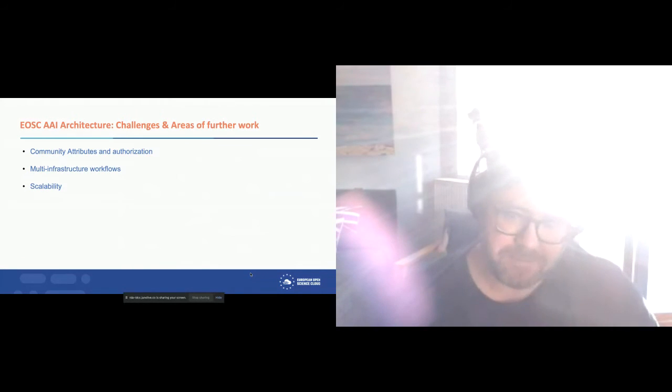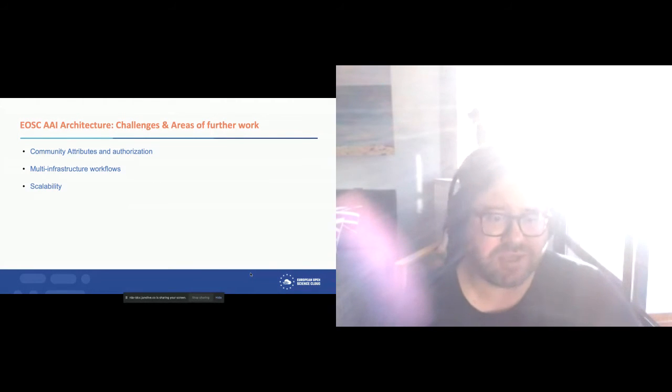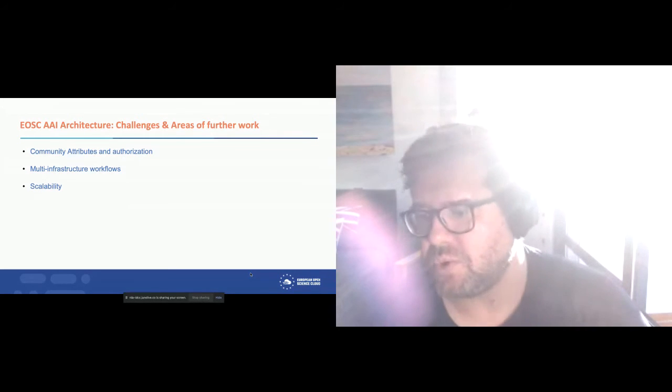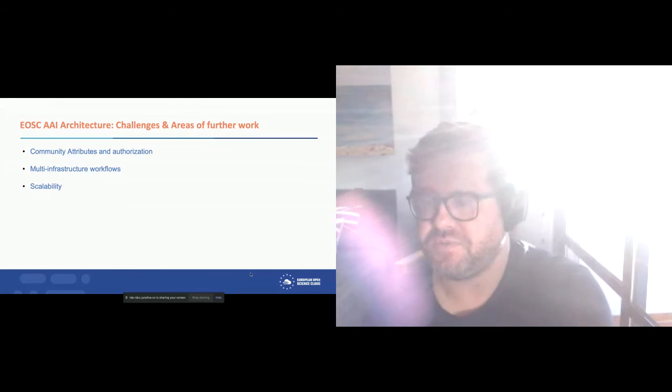Through the last few years, we have been already building solutions on top of the ARC blueprint architectures. We have managed to solve a number of problems, but still we know that there are a number of problems ahead of us. So three major problems that we had identified were the community attributes and authorization, how this can be done in a scalable manner, and also how we can ensure the proper flow of attributes, going back to exactly what Carlo said before.